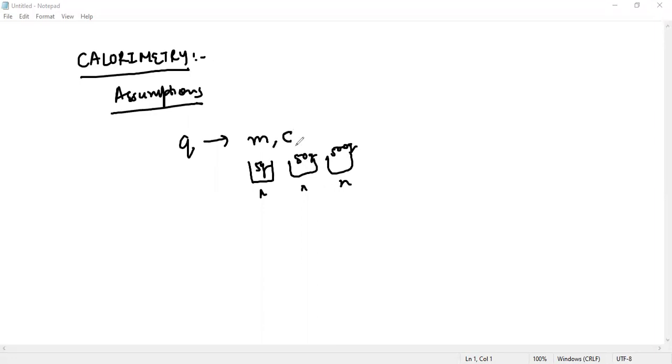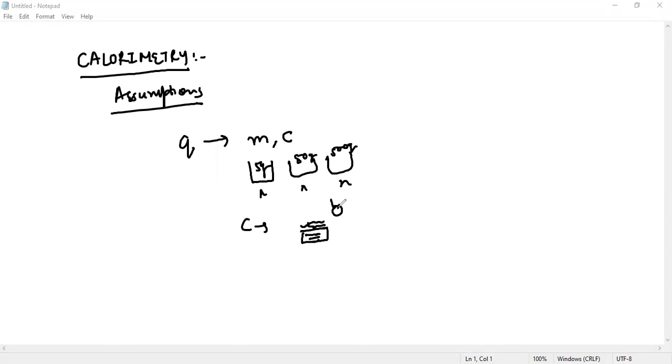Second, Q depends upon the specific heat capacity, which is denoted by the symbol c, the lowercase c. We studied specific heat capacity in our previous online lecture. If you want to understand it, let us suppose we have a beach, and on it we have hot sand as well as water.